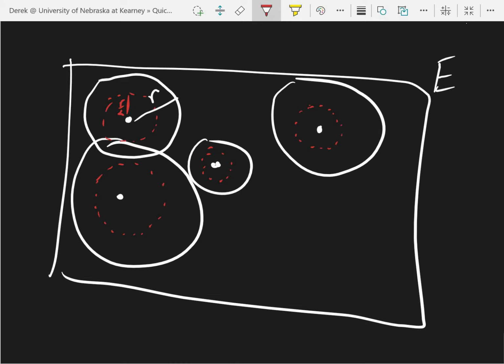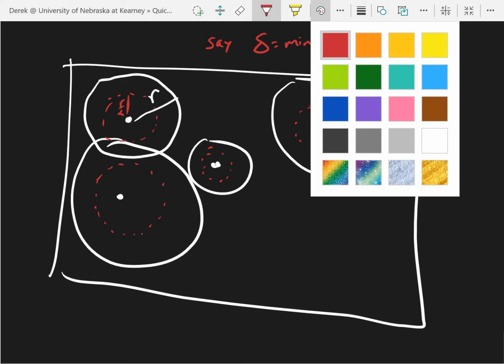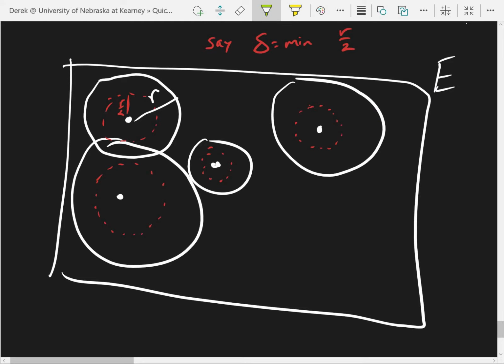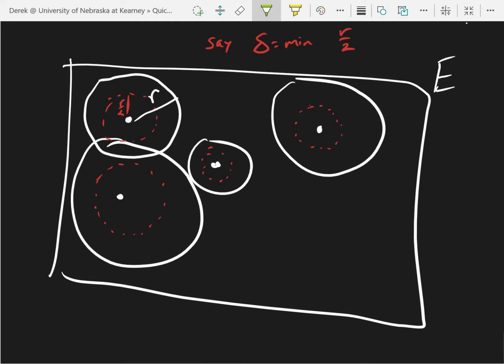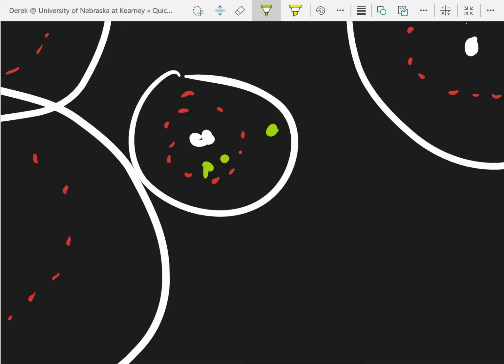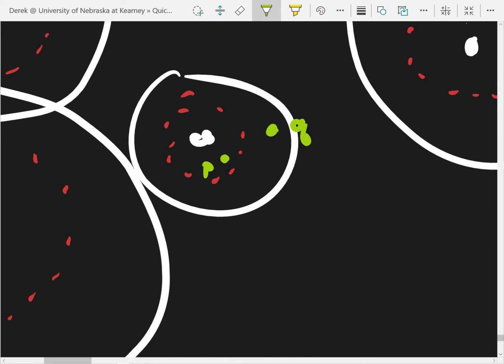Okay. And then now, if I take the minimum of these R over 2 values, so say delta equals the minimum of the R over 2 values in this finite collection of circles, what I can see is if I have 2 points, say P and Q, so we'll call this guy P and this guy Q. And we're going to make this a little thinner so I can draw here.